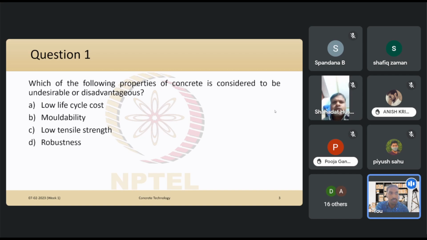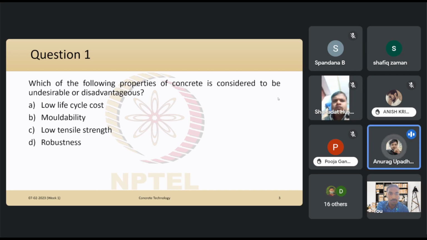Is everyone able to find where the poll option is? It's under activities. Yeah, it's under the activities option.